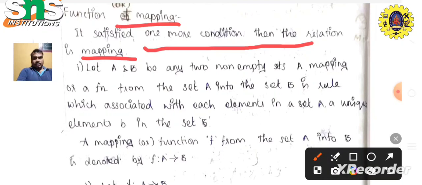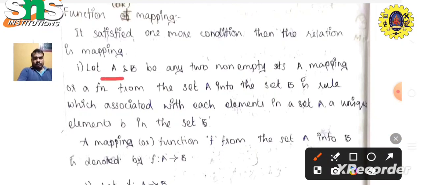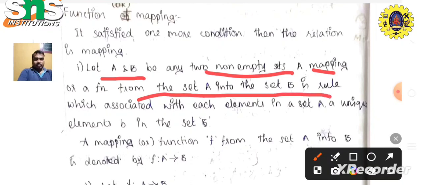The relation is also called a function. Let A and B be any two non-empty sets. A mapping from set A into set B is the rule which associates each element in set A with a unique element in set B.